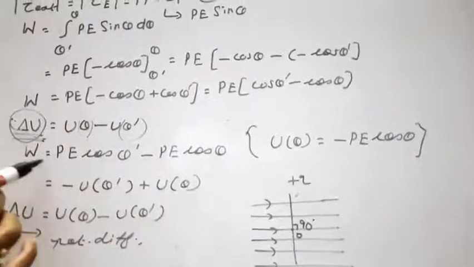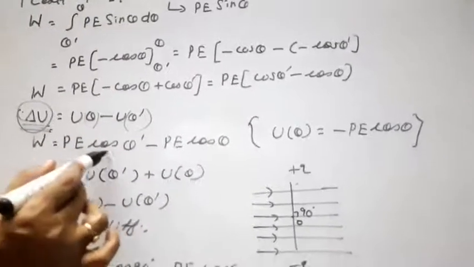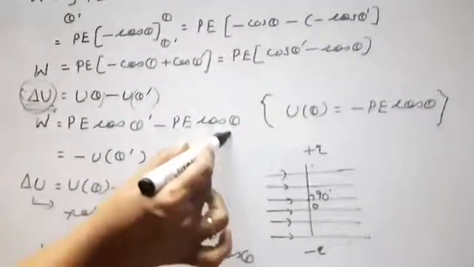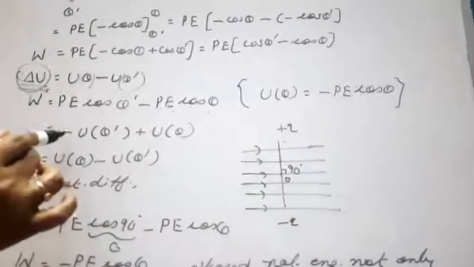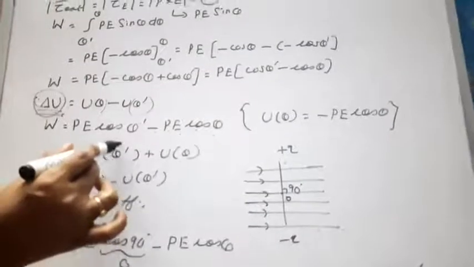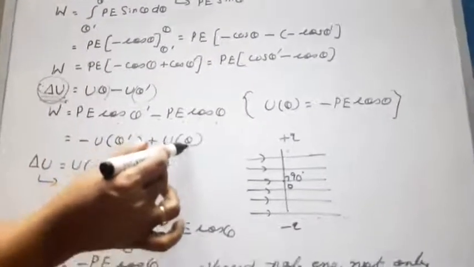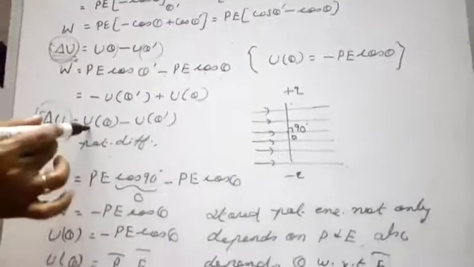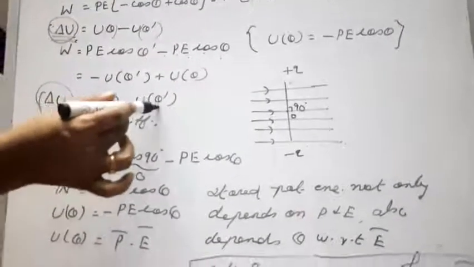Therefore, W equal to Pe cos theta dash minus Pe cos theta, because U theta equal to minus Pe cos theta. Therefore, it is equal to minus U theta dash plus U theta. Therefore, the potential difference del U equal to U theta minus U theta dash.